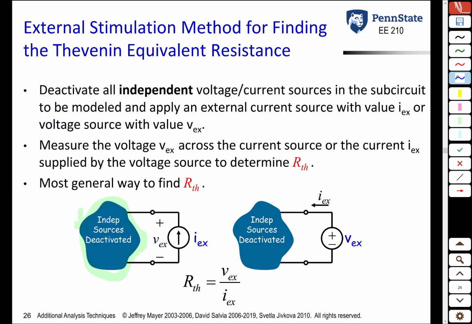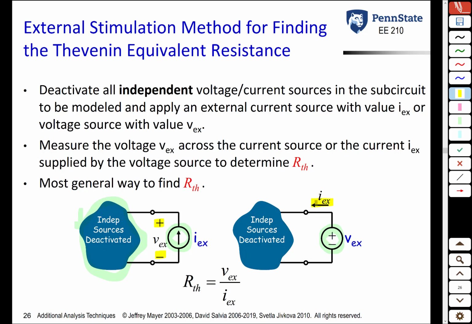If it's a current source, you set it equal to 0 amps, which is an open circuit. And now you apply an external current source or an external voltage source. If you apply an external current source, you measure the voltage across it, called V external. If you apply an external voltage source, you measure the current coming through it, called I external.